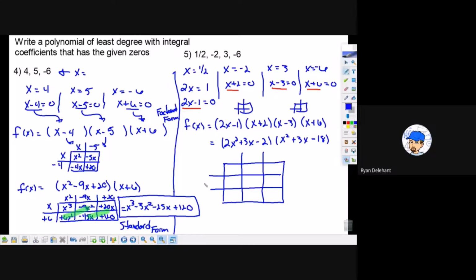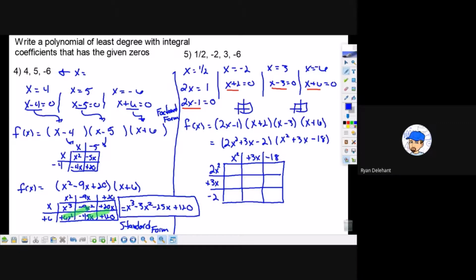So we'll list one of your polynomials on the side, one of them on the top. So 2x squared plus 3x minus 2, and x squared plus 3x minus 18.